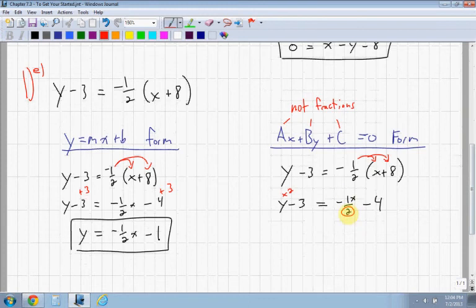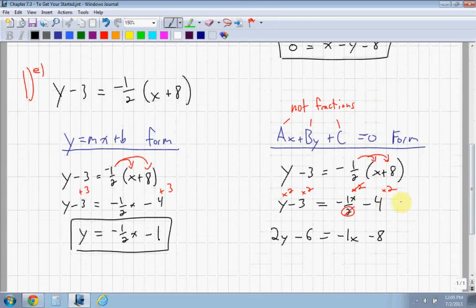Look at the denominator, you see it's a 2, and multiply everything through by 2. Everything. What happens when I multiply the fraction by 2 is the 2 and the 2 on the bottom cancel. So I'm left with 2y minus 6 is equal to negative 1x minus 8. So I multiplied everything through by 2.